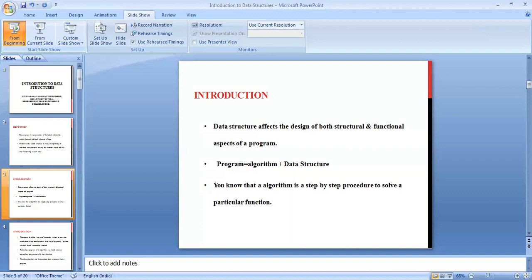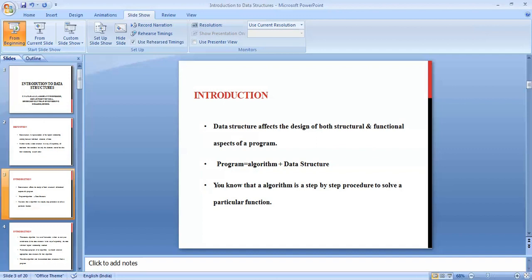Here we concentrated on a lot of things. In this presentation, or in this session, we started with an introduction to data structures, the definition of a data structure. After that, two major categories, primitive and non-primitive.